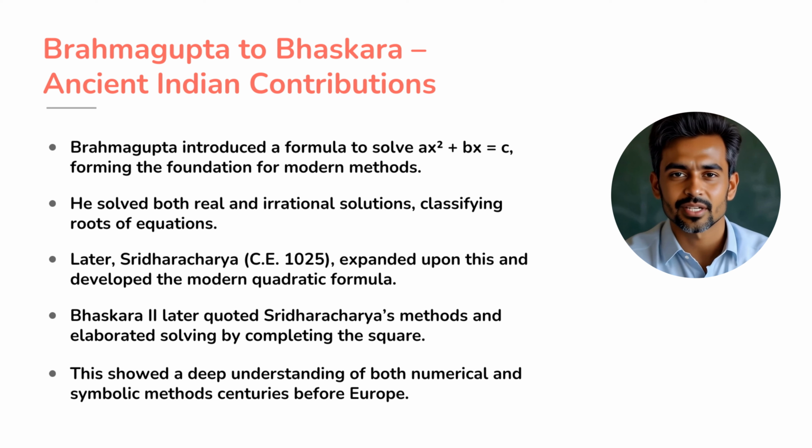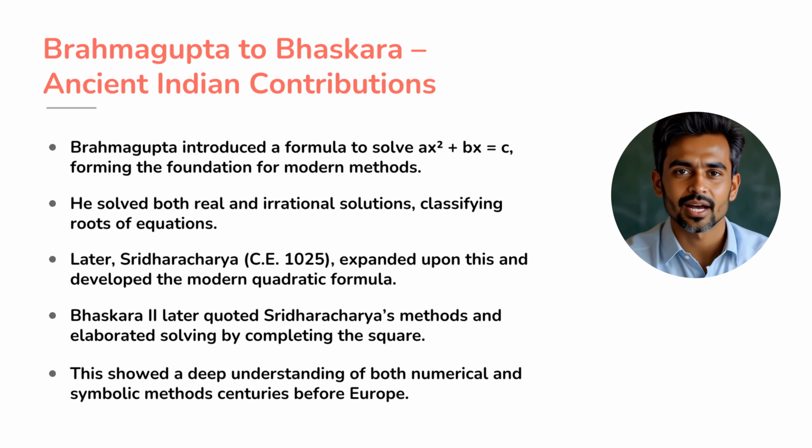The great mathematician Brahmagupta, around 600 CE, gave rules to solve quadratic equations of the form ax squared plus bx equals c. He worked with both positive and negative roots and even imaginary numbers. Later, Sridharacharya, in the 11th century, gave what we now call the quadratic formula, the one that solves ax squared plus bx plus c equals 0.